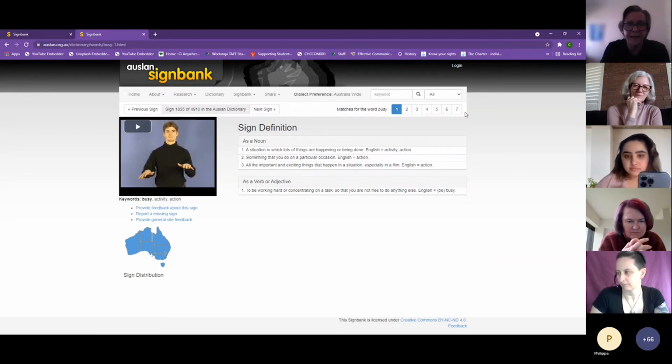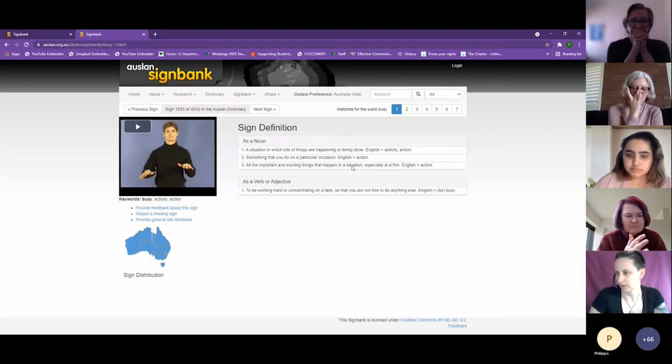And you also want to pay attention to the little map under the video screen, so that you're settling on a variant that suits the area that you're living in. As well as looking at the sign definition, because this is where you'll also find context as to whether it's being used in the correct context.